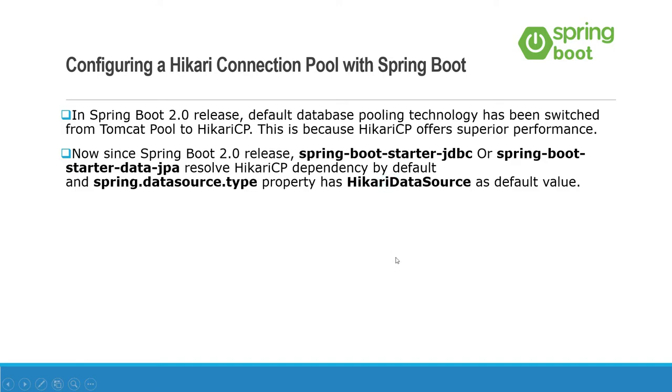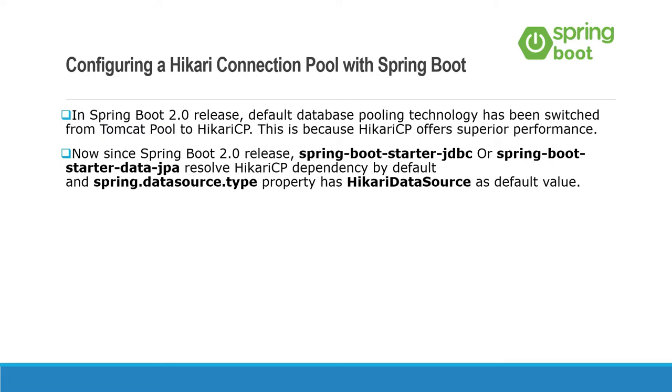The next point says that when you add Spring Boot Starter JDBC or Spring Boot Starter Data JPA to your classpath in Spring Boot 2, you don't really need to add the Hikari connection pool dependency explicitly.